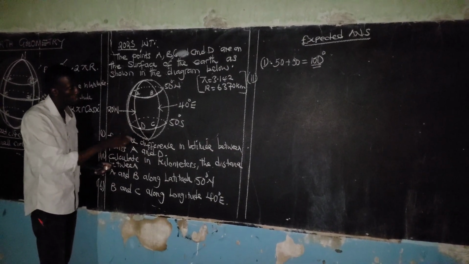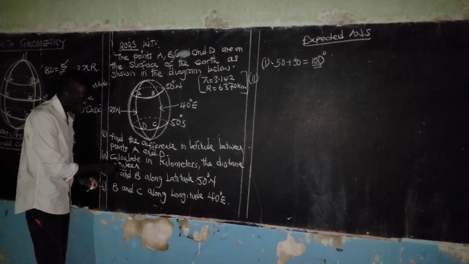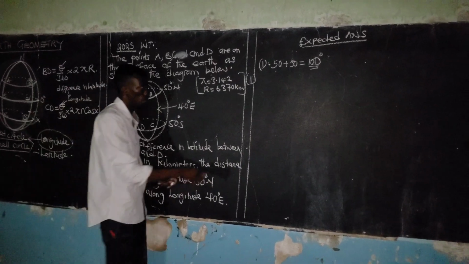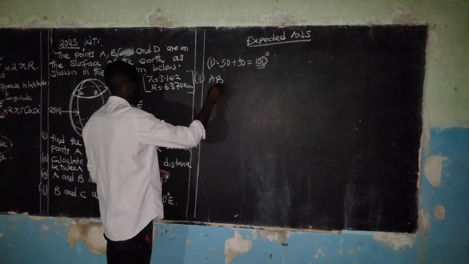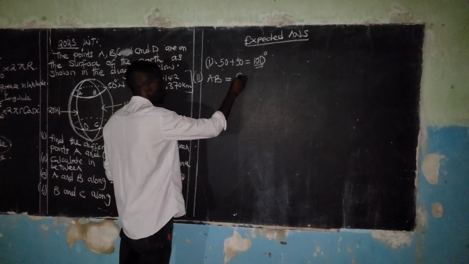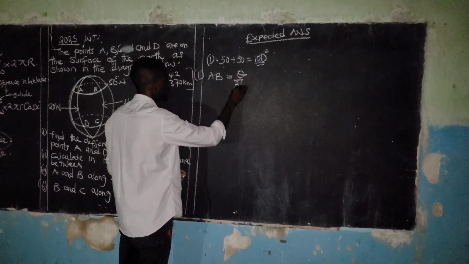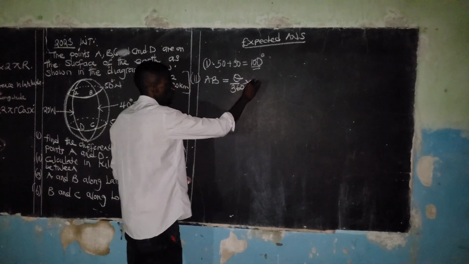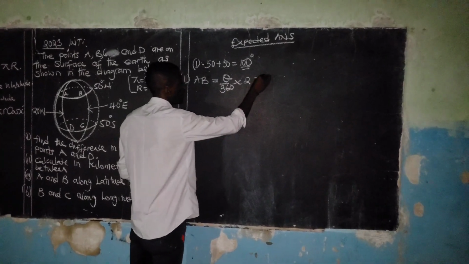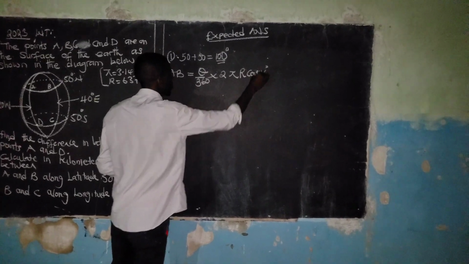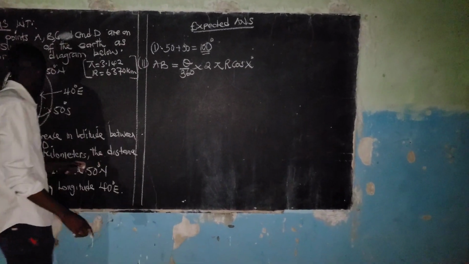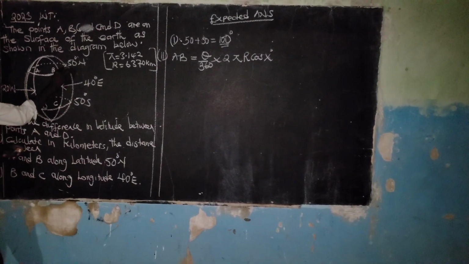So what is the formula for distance along the small circle? AB is equal to theta over 360 times 2 pi r cos x. The x there, remember, is the latitude on which they are falling.